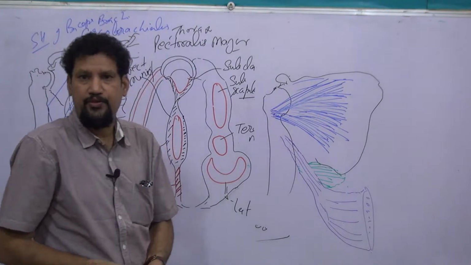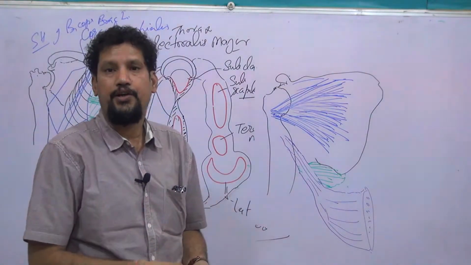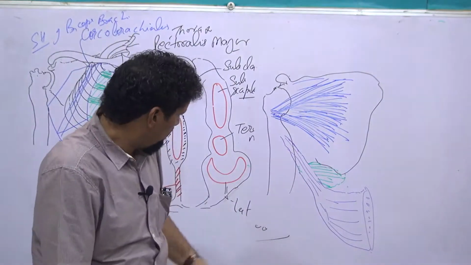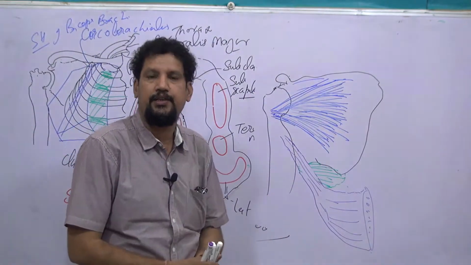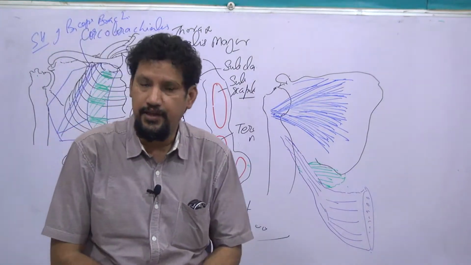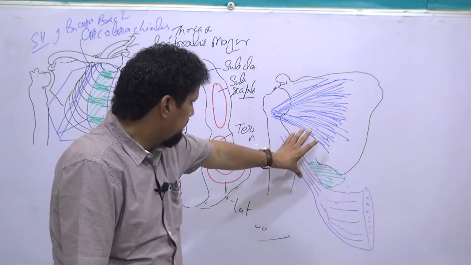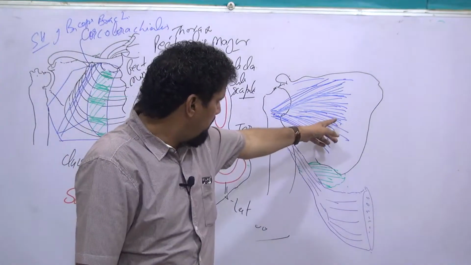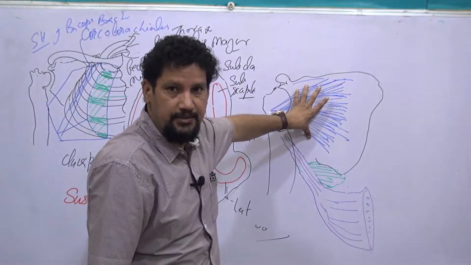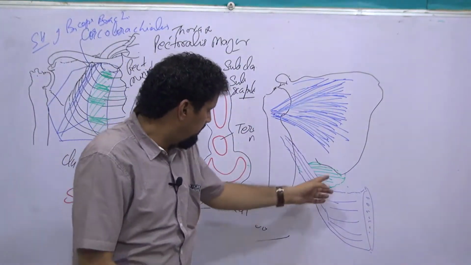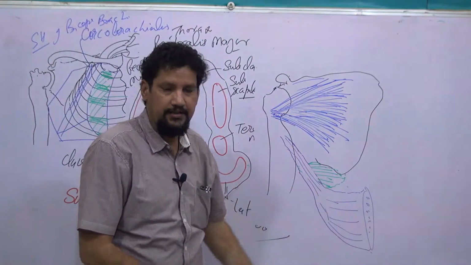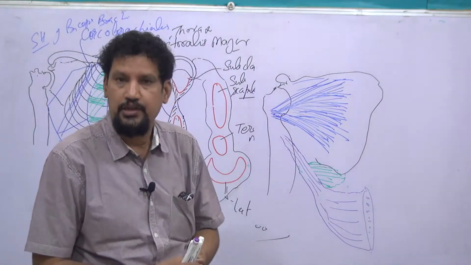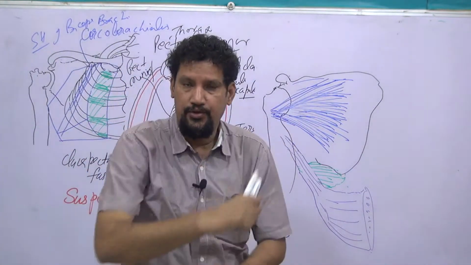There is winding of the fibers of the latissimus dorsi around the teres major, so there is twisting of the fibers. So these two are forming the posterior axillary fold, and all three muscles are forming the posterior surface of the axilla. The upper and lateral part is formed by the subscapularis, the teres major, and the latissimus dorsi is winding round the teres major to form the posterior axillary fold.